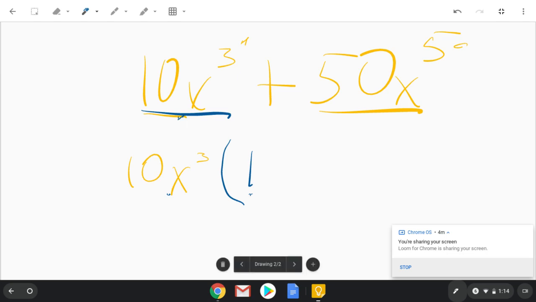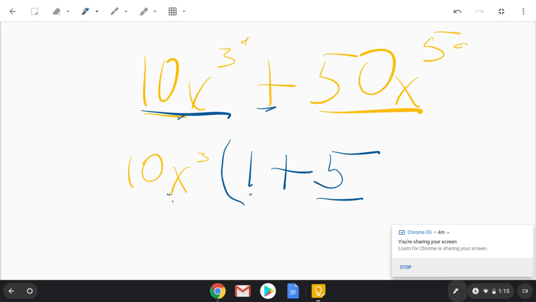So that's all. And plus, because we have a plus sign, 10x to the third times something will give us 50x to the fifth. I know that 10 times 5 gives me 50, and x to the third times x to the second will give us x to the fifth. All right, and that's it.